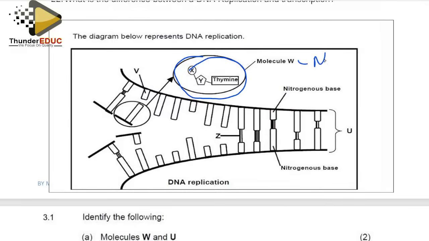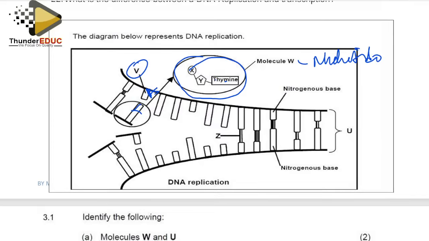W is a nucleotide. Remember, we said that the nucleotide is the one which makes up the backbone of the DNA. What is V? This is thymine, and then this is what? If this is thymine, then automatically this is going to be adenine, isn't it?